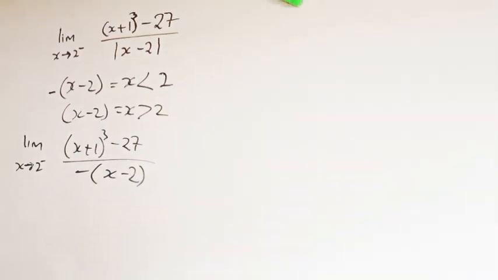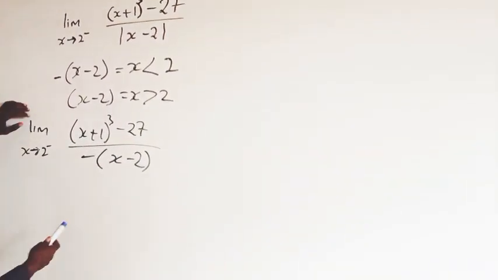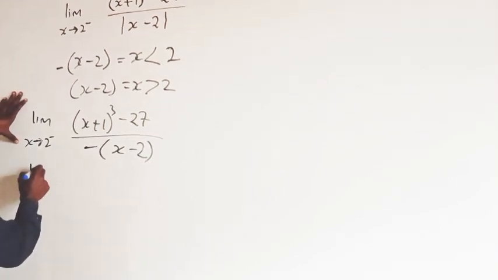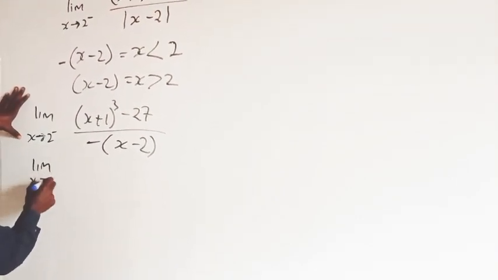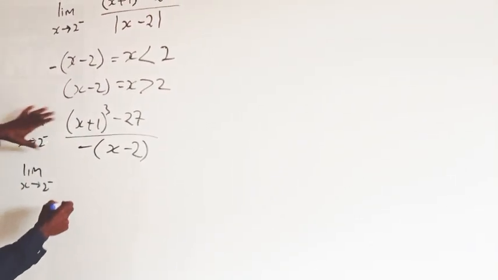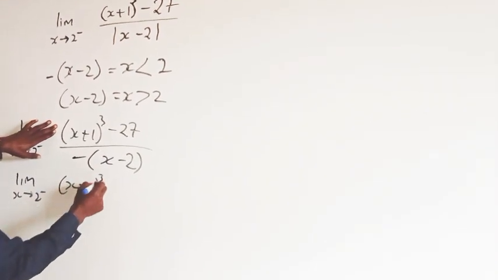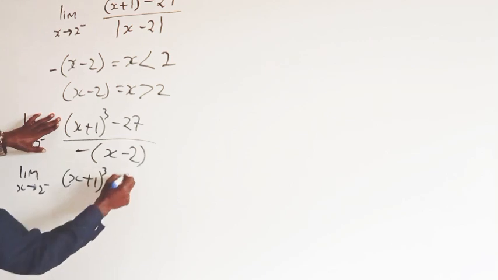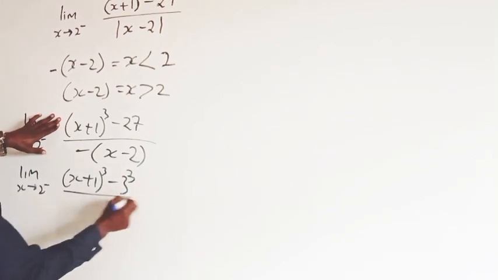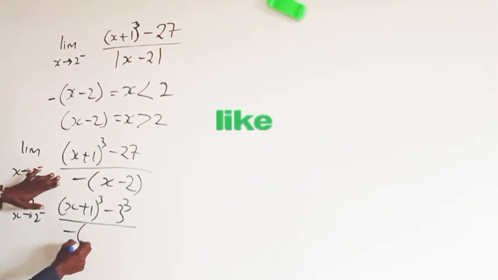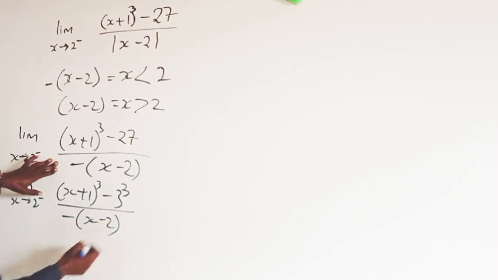So this is what we are working on. This can be written as limit as x tends to minus 2 of x plus 1 everything raised to power 3 minus 3 raised to power 3, everything over minus bracket x minus 2, okay?